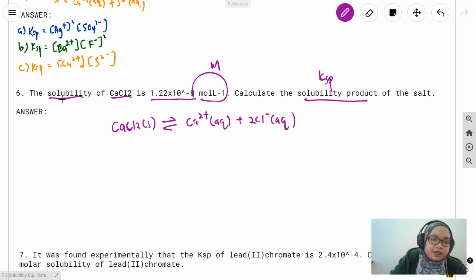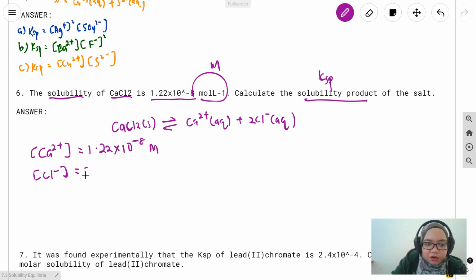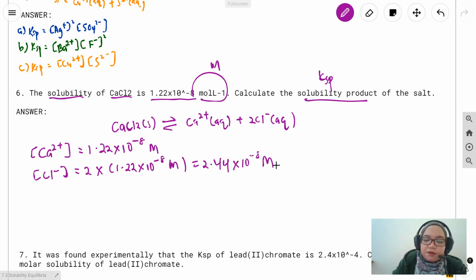So you know that if X equals this, it means you can equate the molar solubility to the concentration. So the concentration of Ca2 plus is equal to 1.22 times 10 to the power of negative 8 molar. And the concentration of Cl minus is equal to 2 times 1.22 times 10 negative 8 molar, which equals 2.44 times 10 to the power of negative 8 molar.